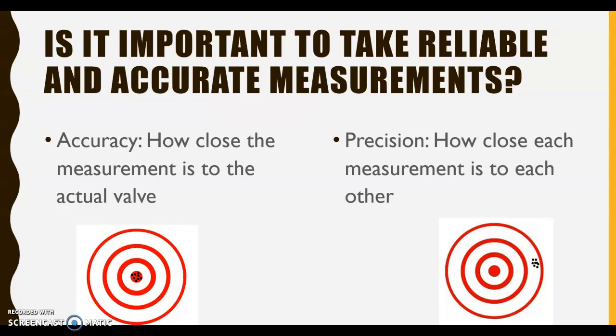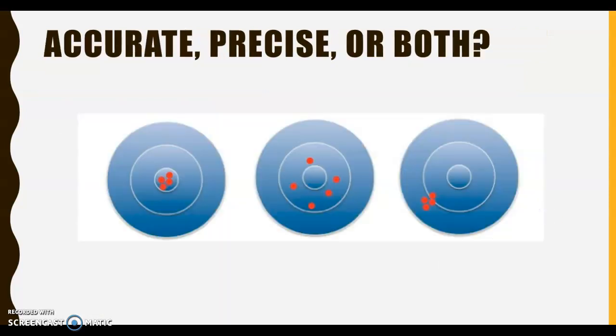But if everybody gets one answer when I have a different answer, y'all are precise, but y'all are not accurate. So maybe I did something wrong. First one would be both accurate and precise. The second one would be neither accurate nor precise. And the last one would be precise but not accurate.